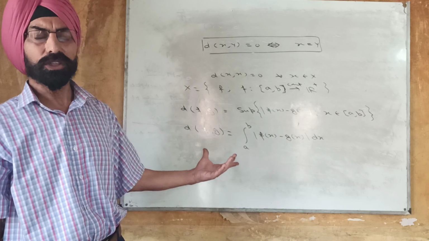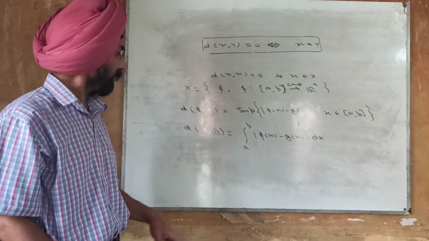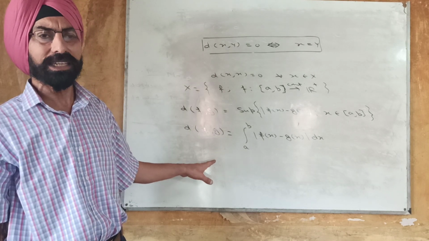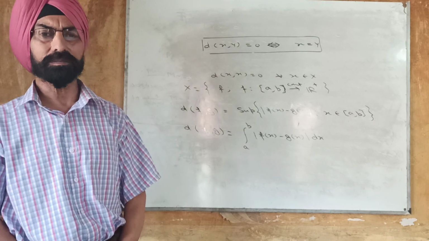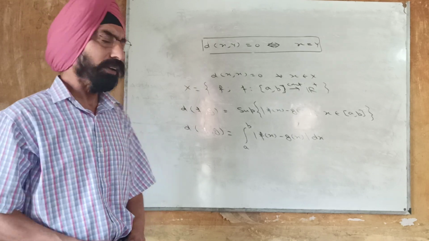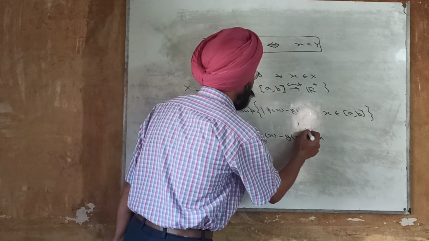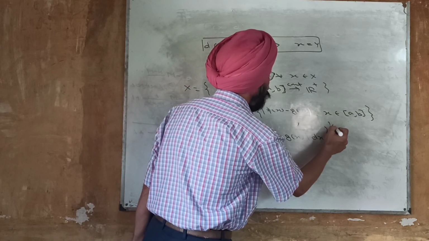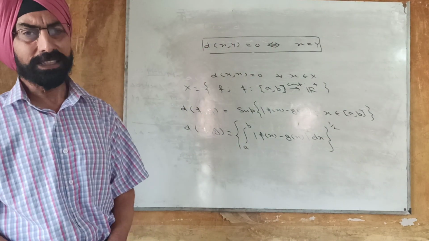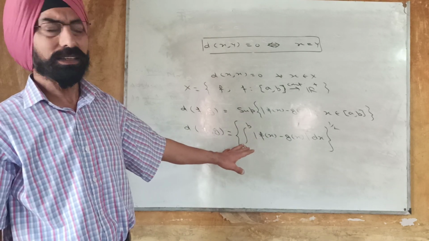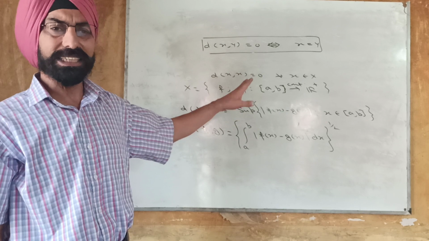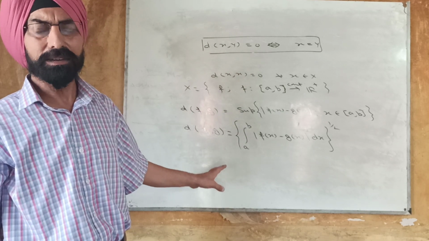You can check it, then it will be a metric, and X along with the metric d will become a metric space. Even if you take the square of that and then take power 1 by 2, then again d will be a metric, and X along with d will become a metric space.